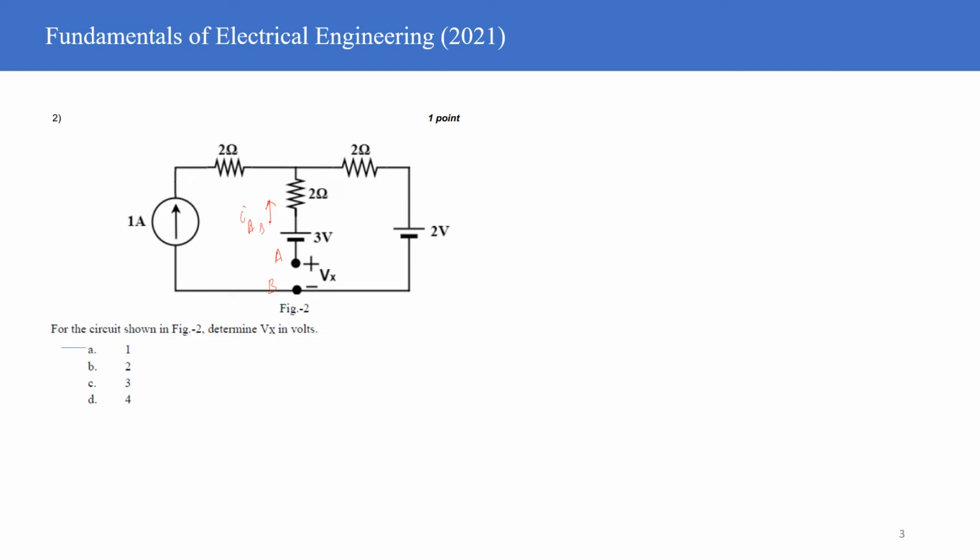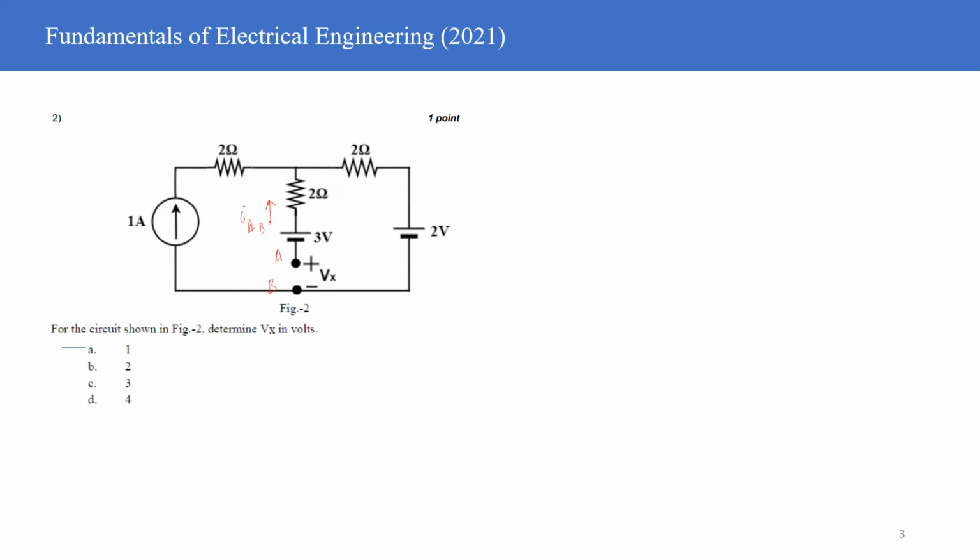Is there going to be any current in this particular branch? No. Somebody said no, right? Yeah, that's good. So there is not going to be any current, and the reason is very simple, because it's an open branch, so no current is going to flow through it, right?